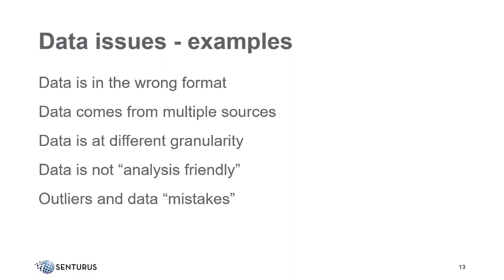Then there are the outliers and mistakes. When we have data that's going back years and years, and when we've had 10 different people building 10 different ETL jobs and 10 different data sources, it's very easy to have things like CA versus California versus C.A. And how do you aggregate that?